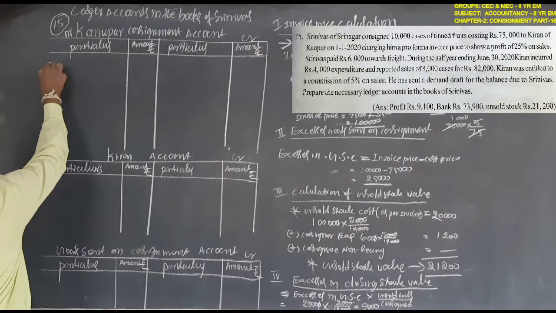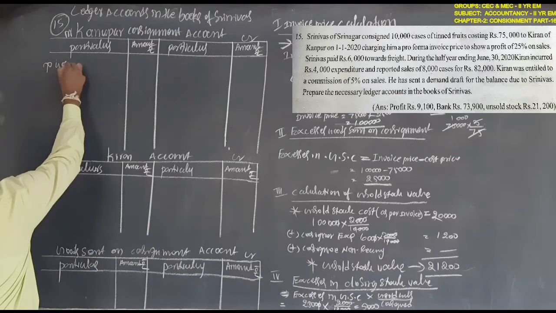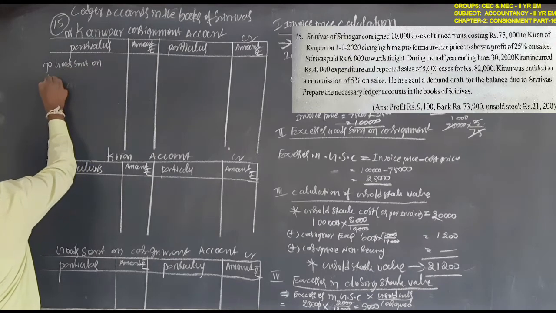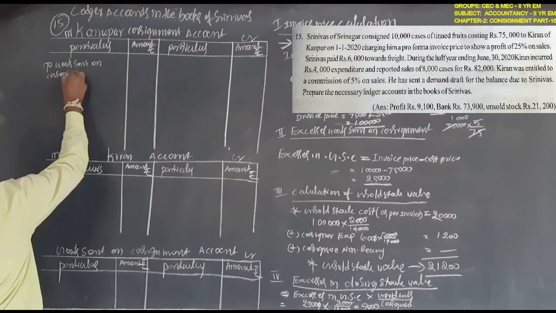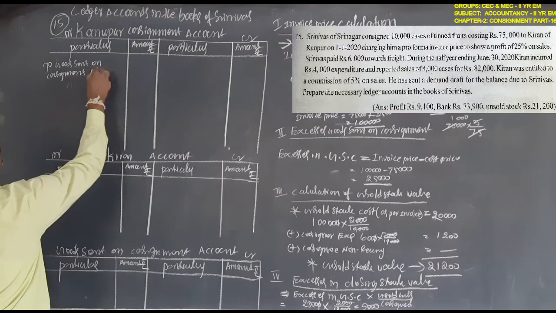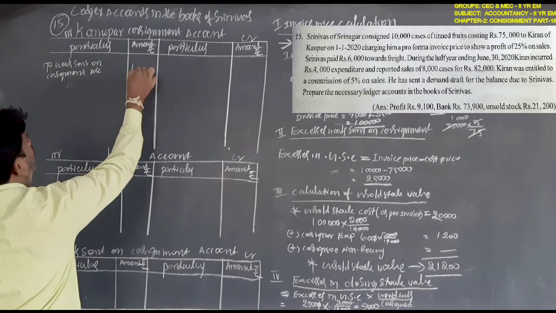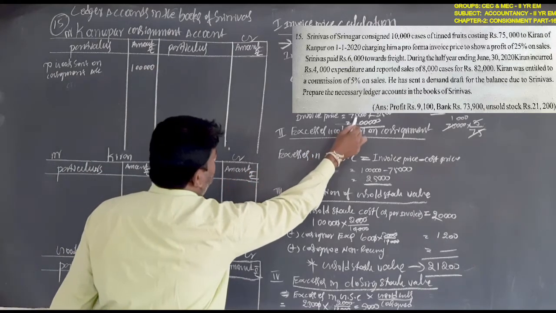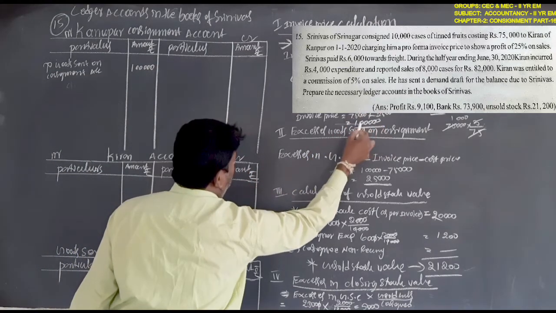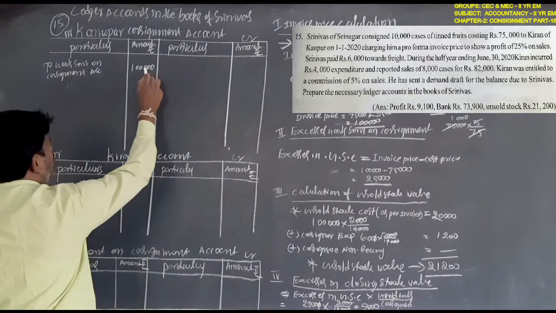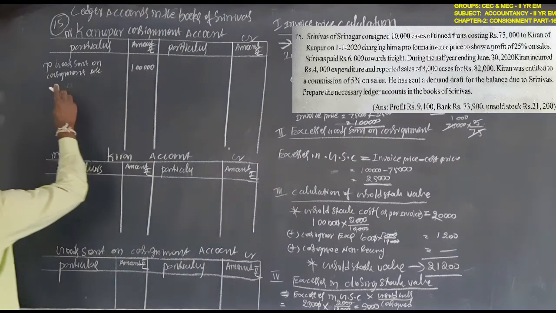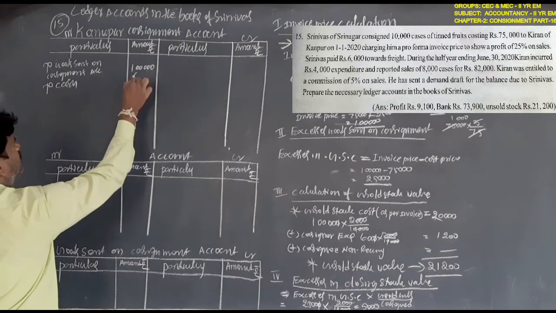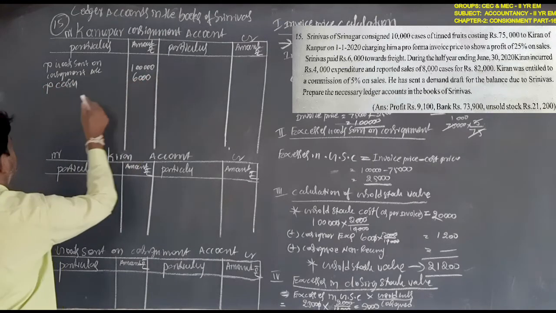To goods sent on consignment account, 1,00,000. Here the cost price is 75,000, loading is 25,000, total 1,00,000. Next, consignor expenses, cash account, 6,000.